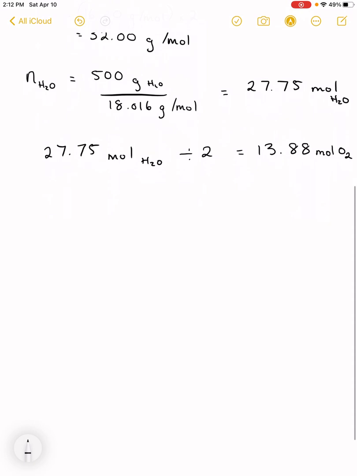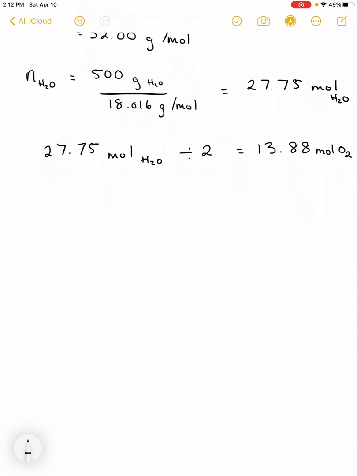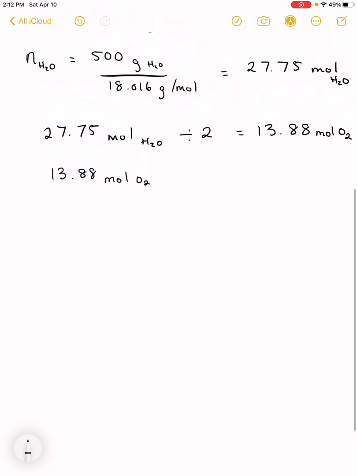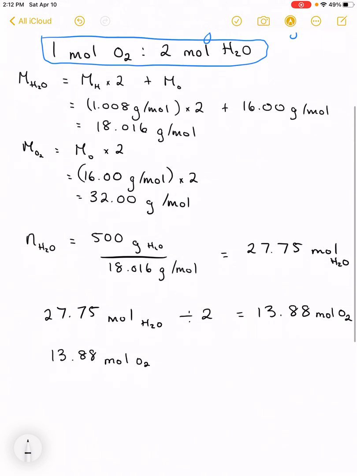All right, now I need to account for the amount that's lost in the reaction. So we have 13.88 moles of O2, and we know that we're not getting 100% yield here.